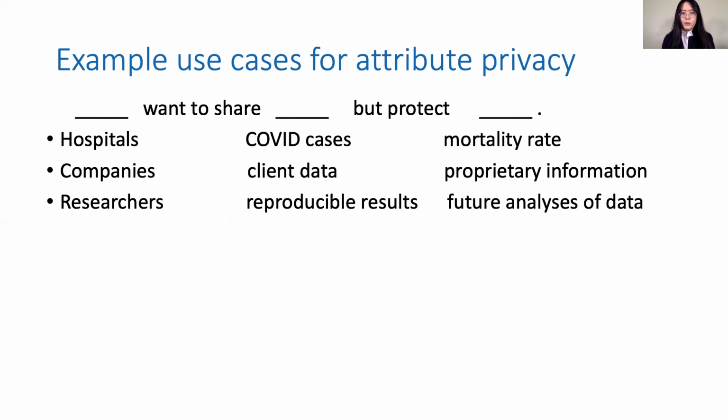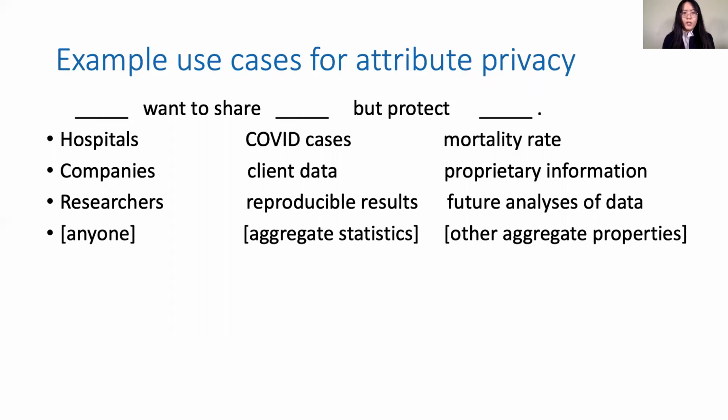Researchers want to provide data for reproducibility in the peer review process, but don't want other researchers to perform new analysis on the data. In general, attribute privacy is to share aggregate statistics of a dataset, but want to protect other aggregate properties that might be correlated with the shared information.